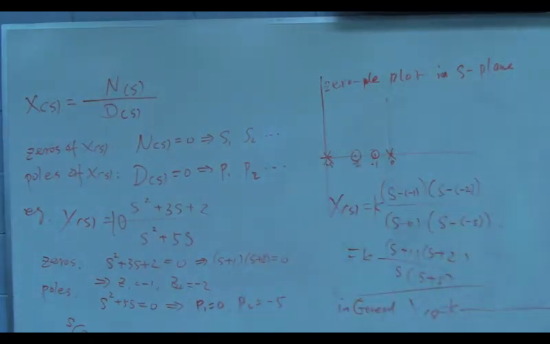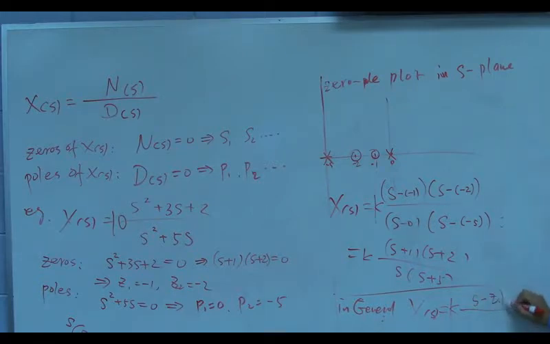On the top is s minus the first zero, z1, maybe we have another zero, z2, and we may have more. And on the bottom, that will be s minus the first pole, p1, times s minus p2, and maybe more. We can get this from the zero-pole plot.